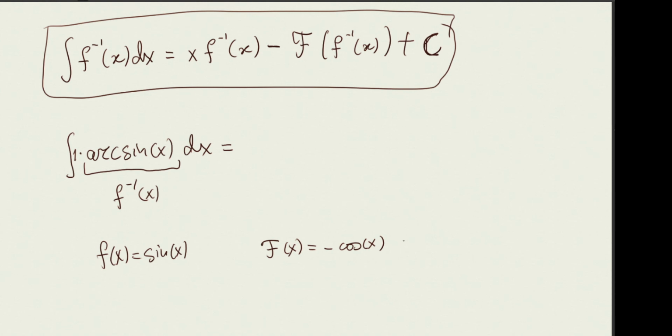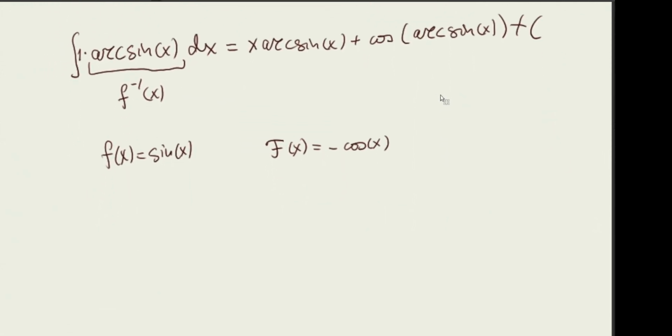So using this formula, we get that this is x arcsin of x, and now minus capital F. Capital F is minus the cosine, and so we have the minus from here, so it's going to be plus the cosine of arcsin of x plus a constant. That would be a sufficient answer, but we can take it one step further.